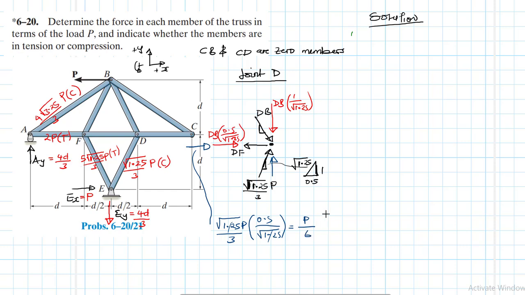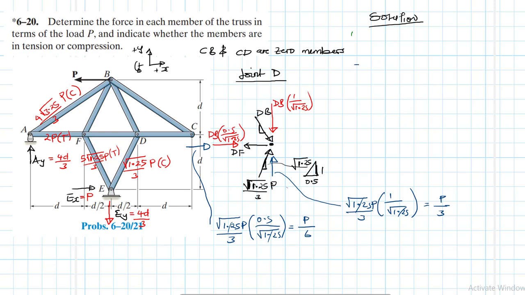Then this one is root of 1.25 P divided by 3, then by 1 over root of 1.25. This and this goes, therefore we have a P over 3. So we have these forces.